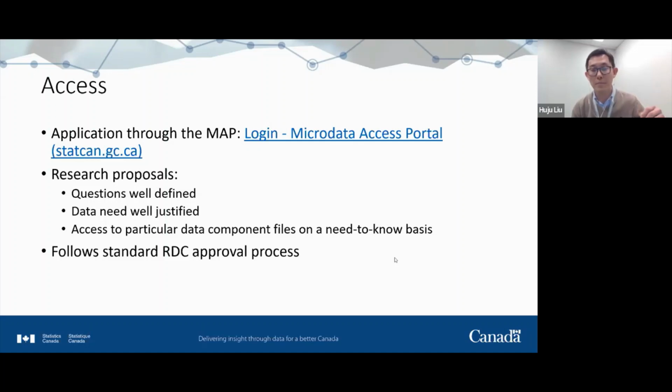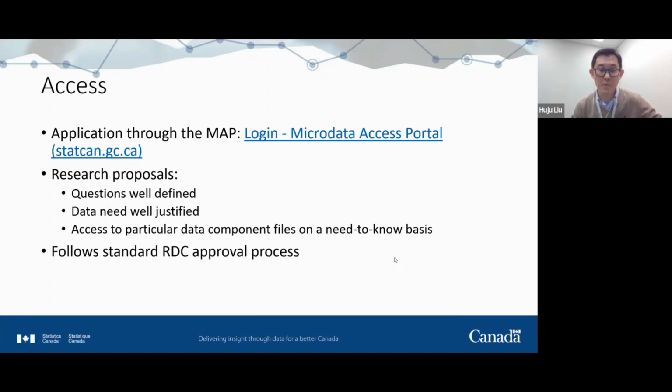Although the BIM contains different components, either the individual or the business component, we will make the components available as different products. Not all projects will access all the data. Only some projects will require using all the different component files, and only for those projects will we give access to all the component files.